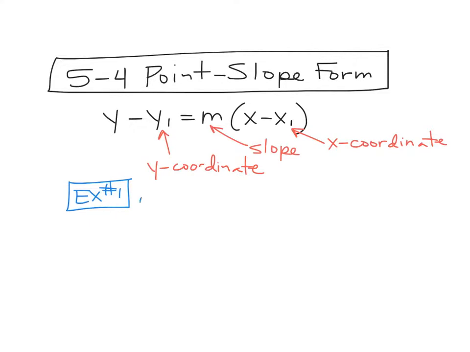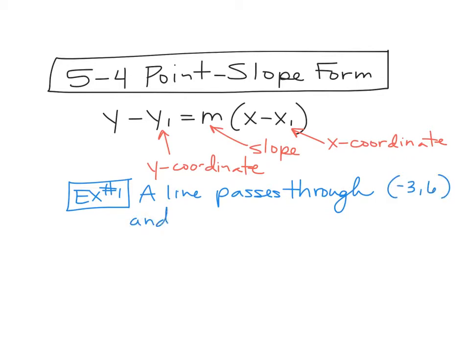It says a line passes through -3, 6 and has a slope of -5.